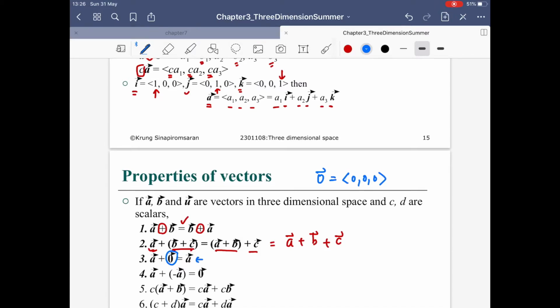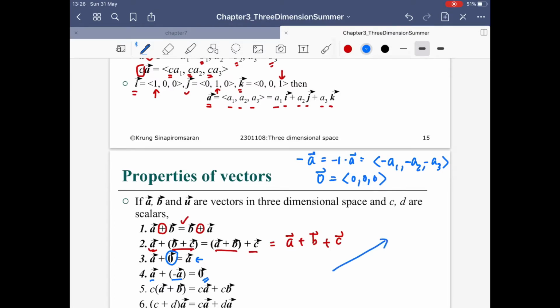And negative a is simply negative 1 multiplied by vector a. So it is negative a1, negative a2, and negative a3. So you just distribute the negative sign to each of the components. And the vector a plus the negative of vector a is the vector 0.